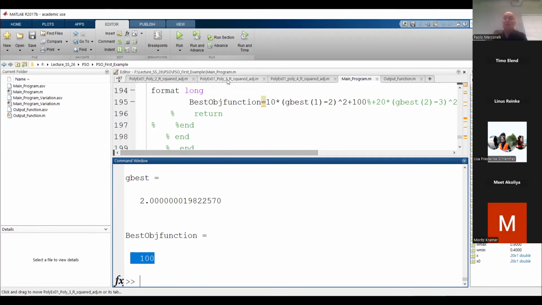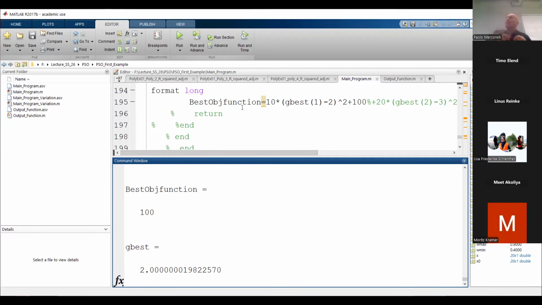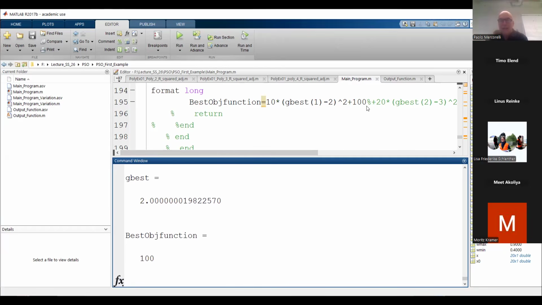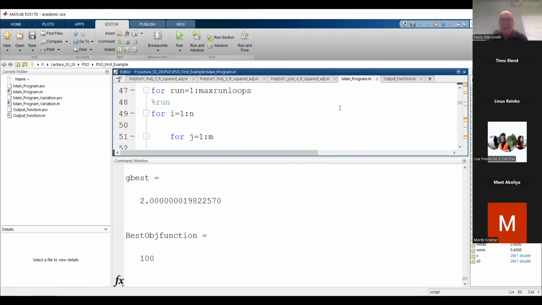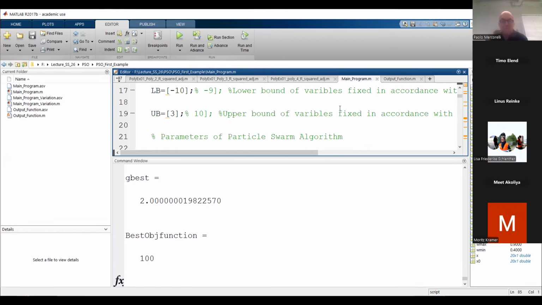Very important now, before showing you a more practical example, which is basically the same. What happens if I set LB between -10 and 1? Interesting, because now we know that the minimum is at 2, but LB is okay, but UB is not.